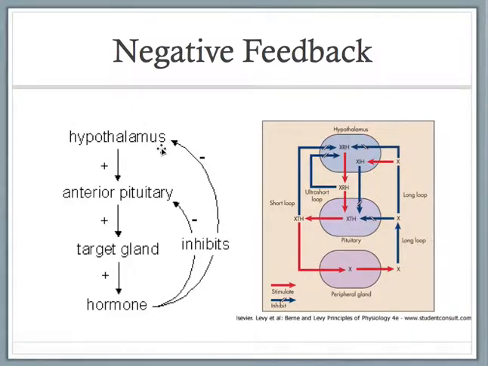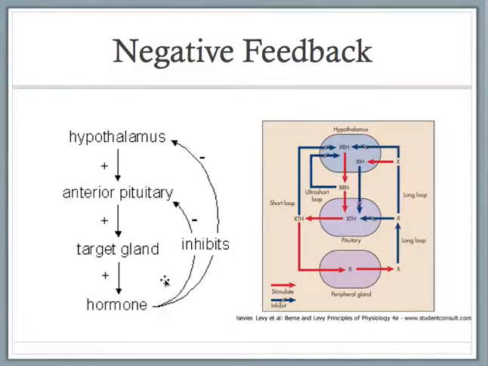So the hypothalamus makes something which is going to activate the anterior pituitary because there'll be the production of a substance. It'll bind to receptor sites on the pituitary cells. In response to that, the pituitary cells will release a tropic hormone, which will bind to receptors on a target gland, which will then spit out the desired hormone.